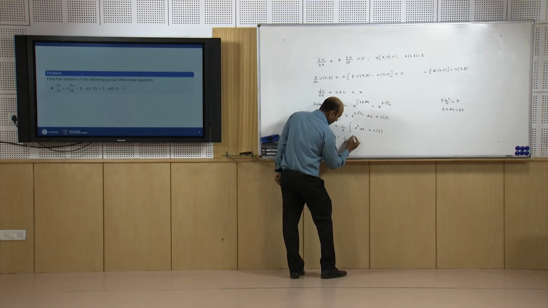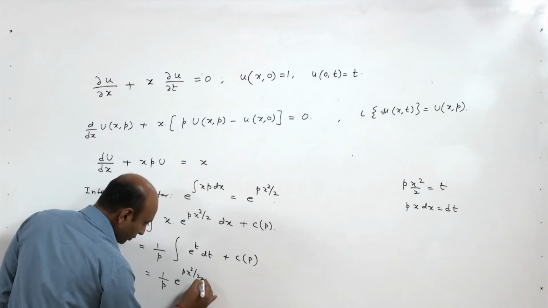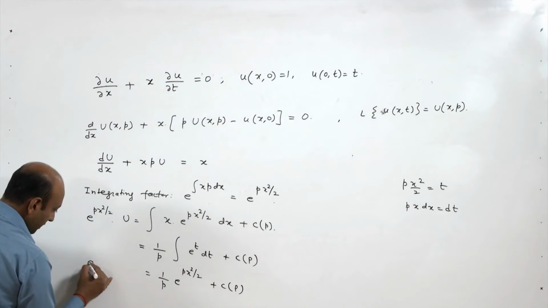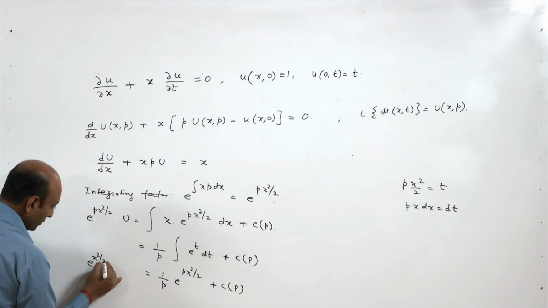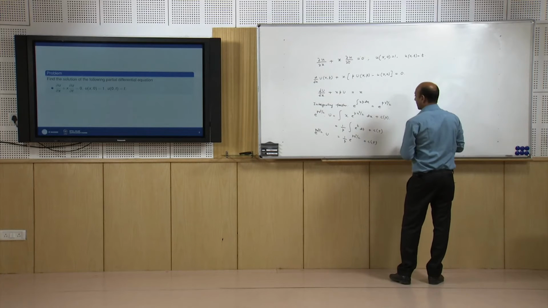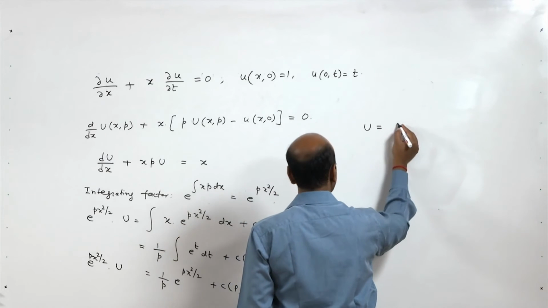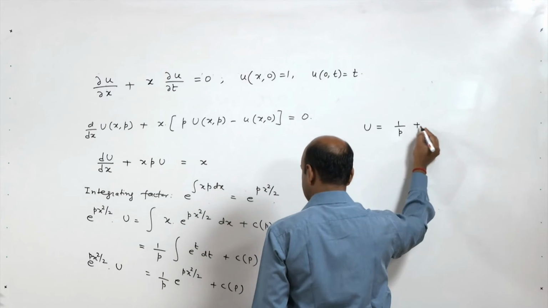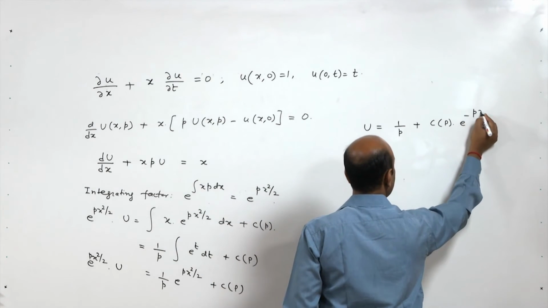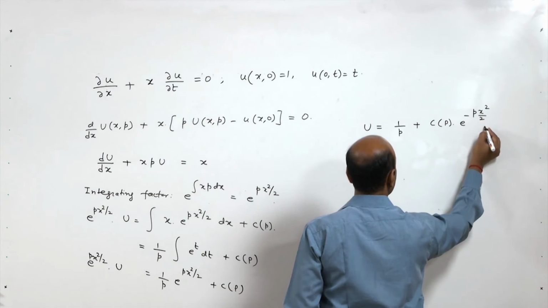So, e to the power p x squared upon 2 plus C(p), and e to the power x squared by 2 into p into U on the left hand side. So, what we obtained, U is equal to 1 by p plus C(p) into e to the power minus p x squared by 2.